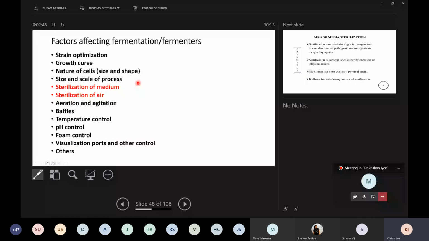We closed with how we sterilize medium and air. Typically, medium is sterilized in most cases in the fermenter itself, using jackets or coils to heat up the medium, or by passing steam to heat up the medium.